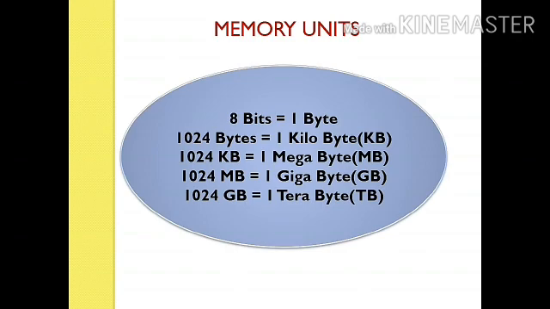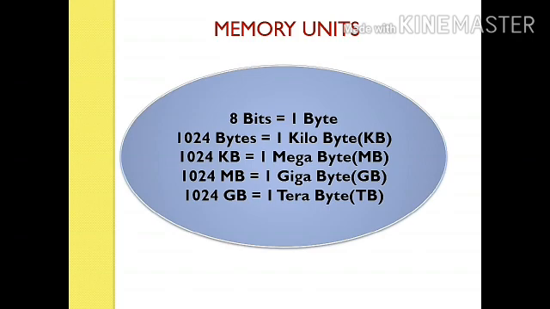We need units to measure any quantity. For example, we use liters to measure liquids and we use meters to measure length. Similarly, data can be measured in bits, bytes and other units.